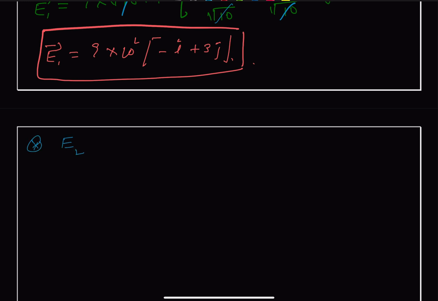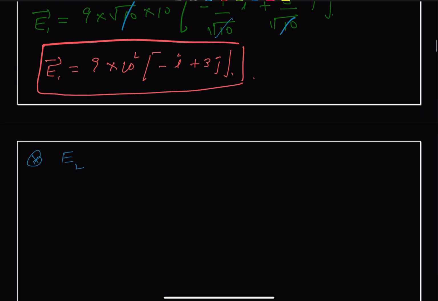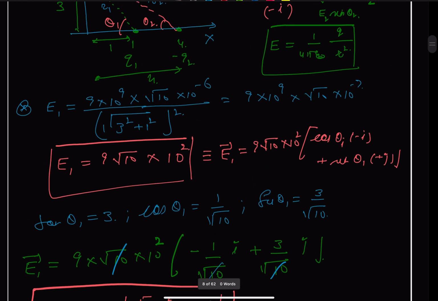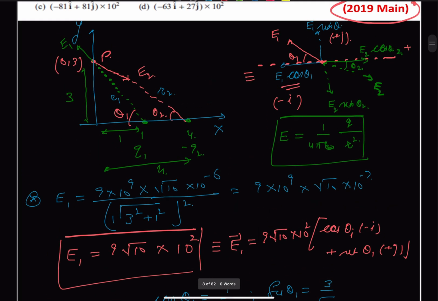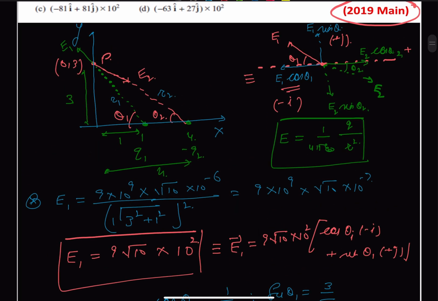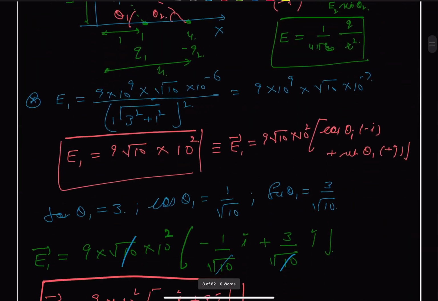So we can say our E2, its magnitude will be equal to 1 upon 4 pi epsilon naught, which is 9 into 10 raised to the power 9, and the charge is our E2, which is minus 25.